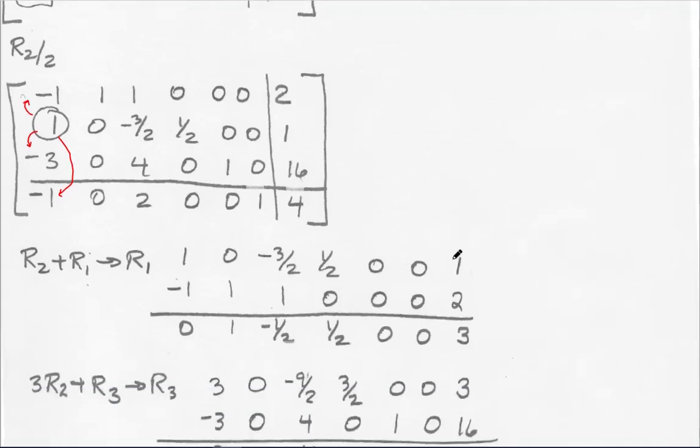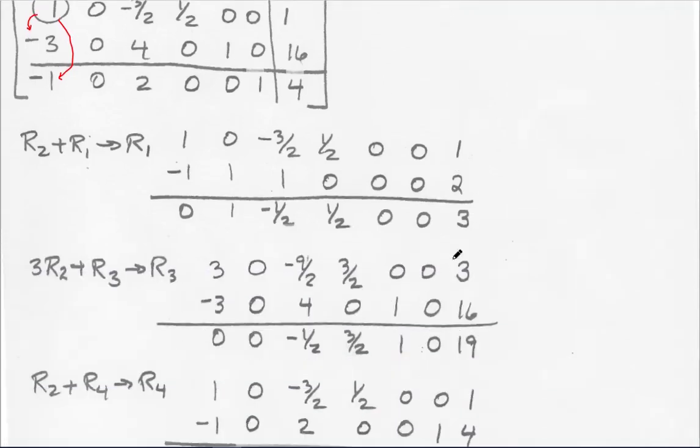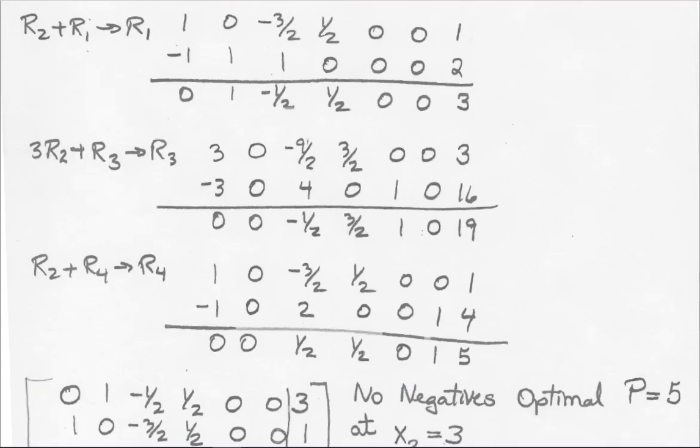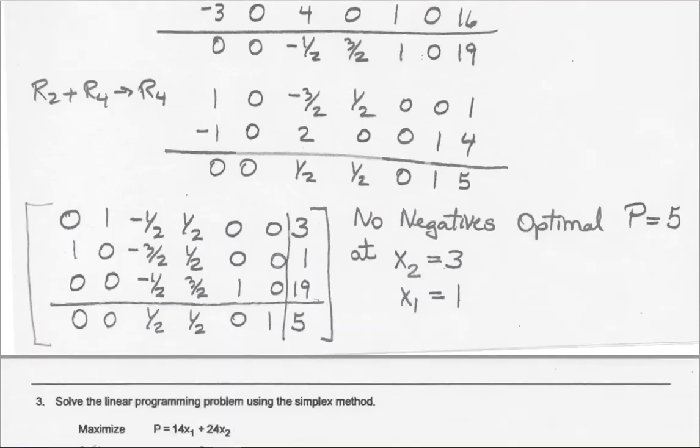And again, the prescriptions are there for how I did that. So again, pause the video, make sure you understand why I did what I did and why it looks like that. And then when I put that all together in my matrix, what do I notice? There's nothing that's negative in the bottom.